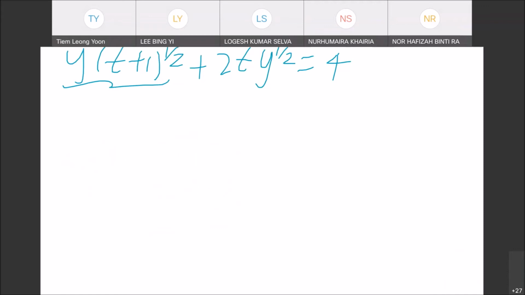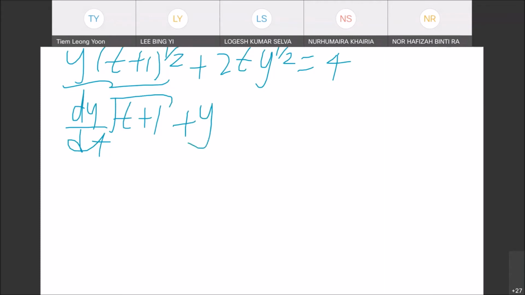So let me carry out the derivative here. The derivative would be dy/dt multiplied by the square root of t plus 1, plus y times the derivative of the square root of t plus 1. This would be multiplied by half of (t plus 1) to the minus half.